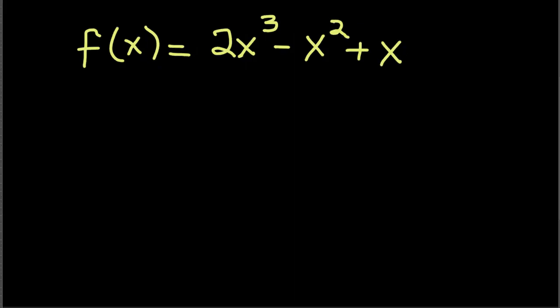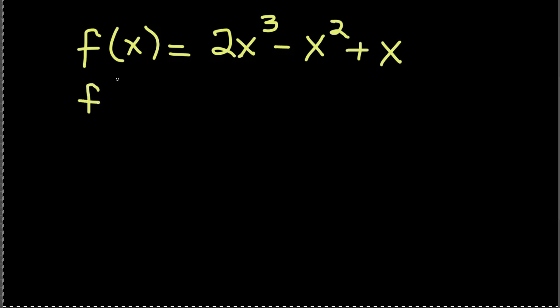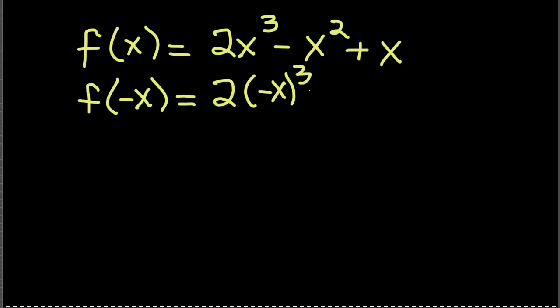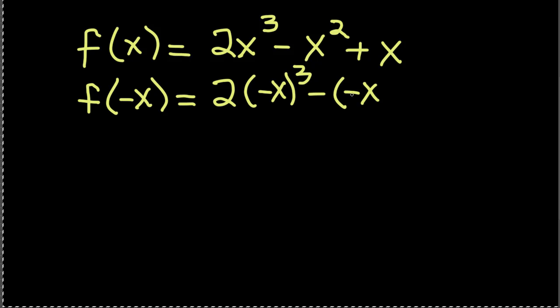One more example. I'm going to start this time as I've been starting, by looking at f of negative x, trying to find if it's even, odd, or neither. So I'm going to plug in negative x. Probably should say plus negative x here.